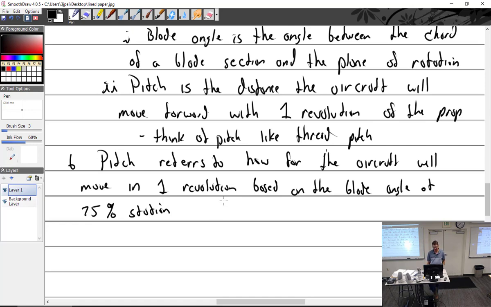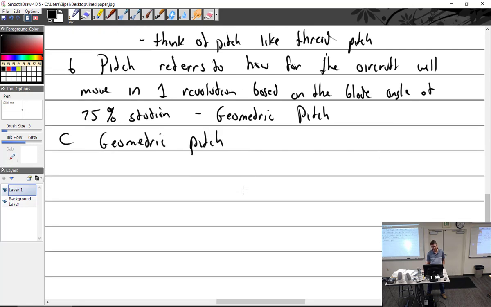And technically speaking, that would be geometric pitch. So we have geometric pitch. I'll put that, C, geometric pitch. Geometric pitch, the theoretical distance that it moves forward.